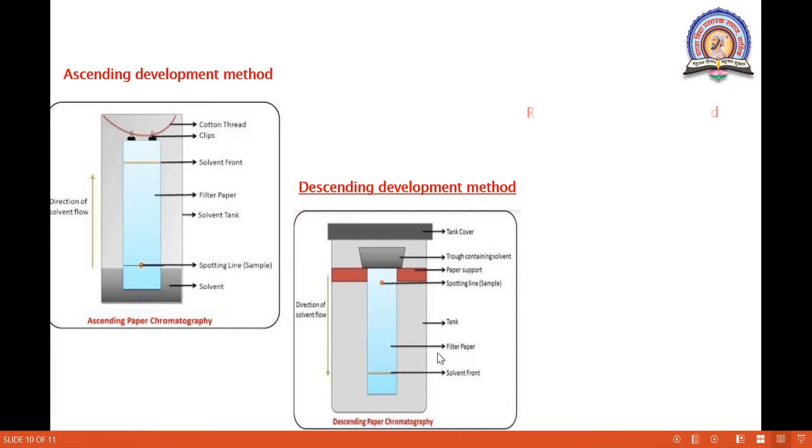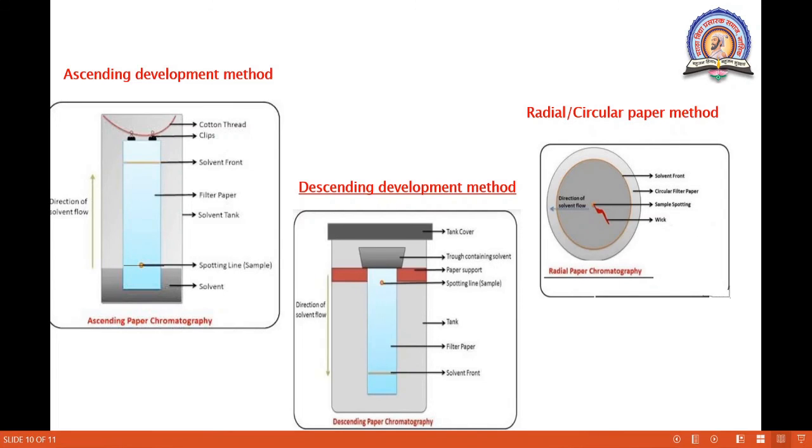Then the last is the radial or circular paper development method. In that, we take a circular paper. At the center, we place a sample. Here the sample spotting is there. We place the sample and we make one wick. We place this paper on the petri dish. That petri dish contains a solvent, that is nothing but the mobile phase.